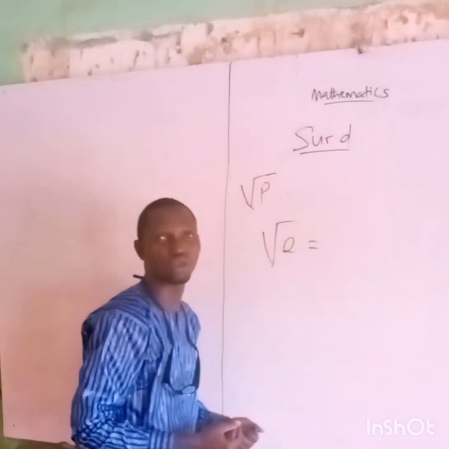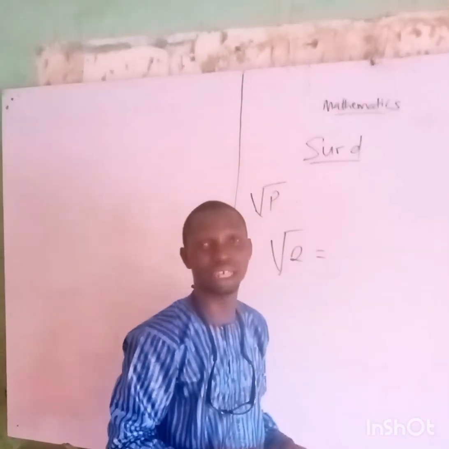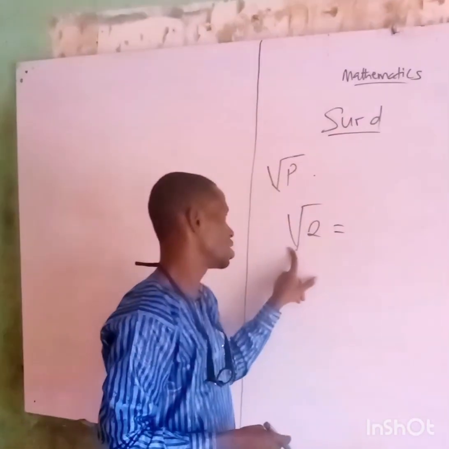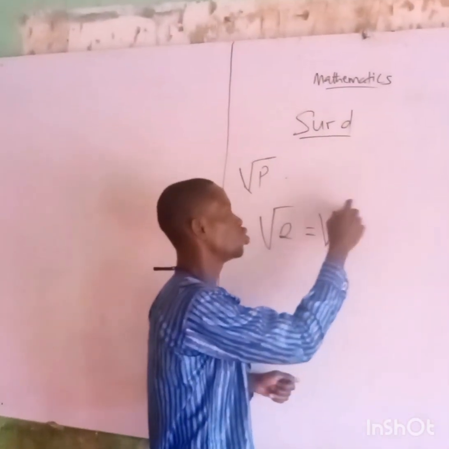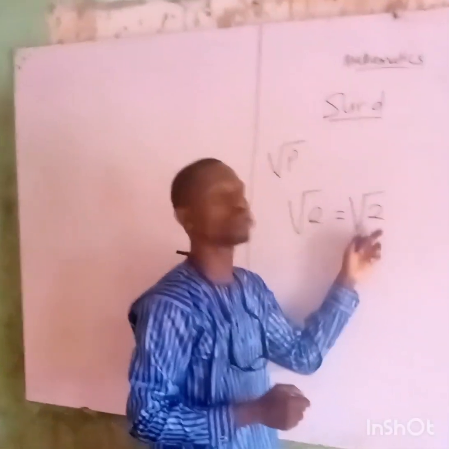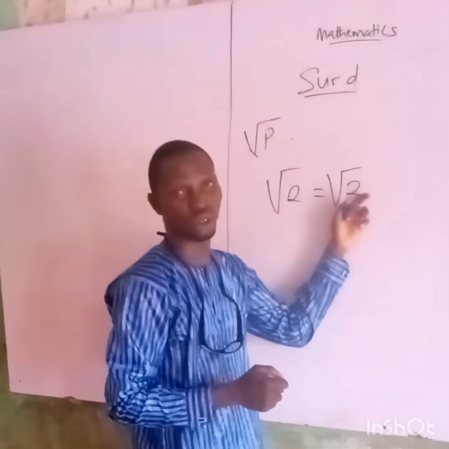Of course, we know the square root of 2 is going to give us a decimal. Because of that, we don't want the answer to be in decimal point or fraction. We can leave it like this. So leaving it like this, we are saying this is the surd form of the square root of 2. We call this root 2 a surd.